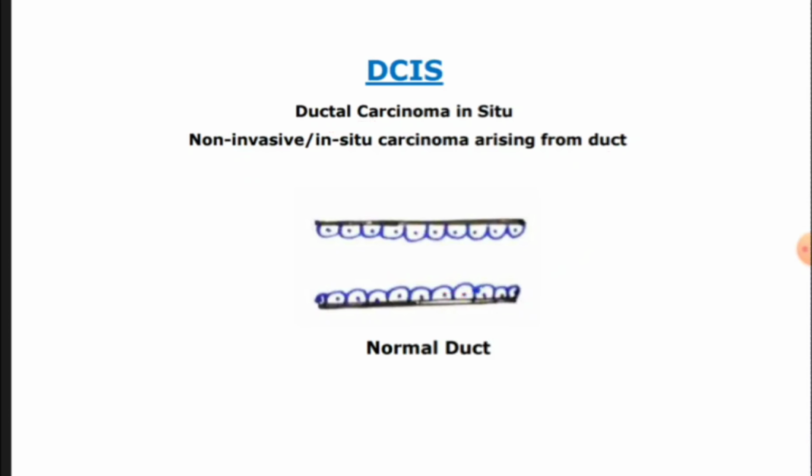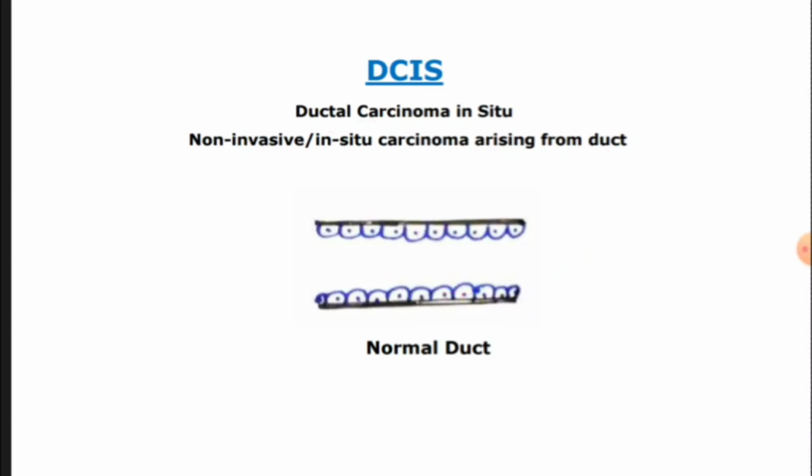The continued proliferation of these cancerous cells fills almost the whole of the duct, and only small rounded spaces are left behind in between the cancerous cells. It gives this whole picture that of a cribriform. So the cribriform appearance of ductal carcinoma in situ takes place, and that's why it is called the cribriform type of ductal carcinoma in situ.